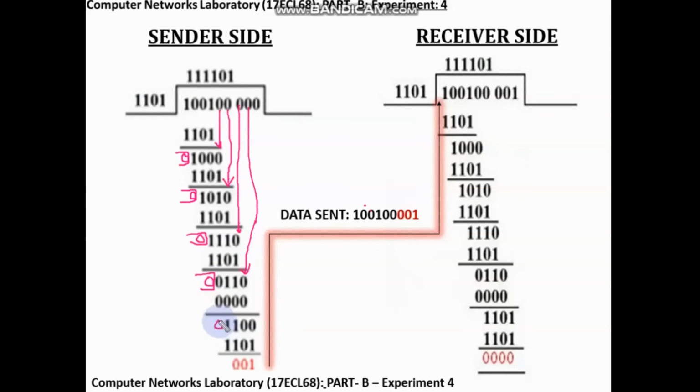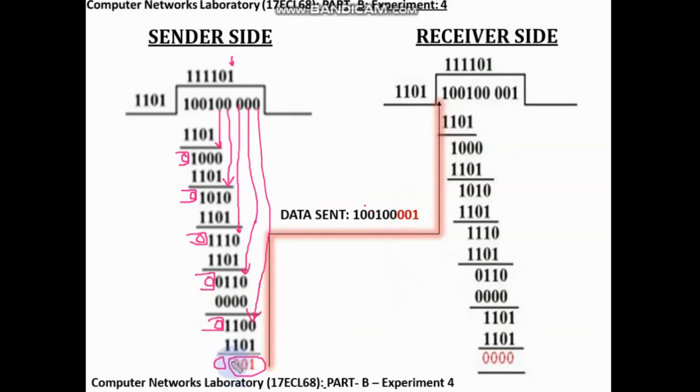0. Bring the last appended 0 down, and do the division operation one more time, and this is this one, and here finally you'll get after XOR operation 0 0 1.